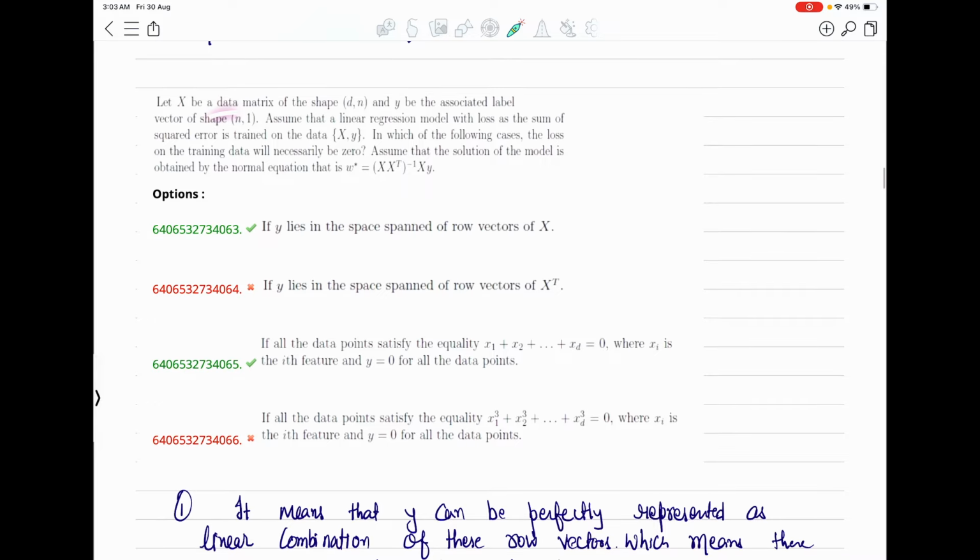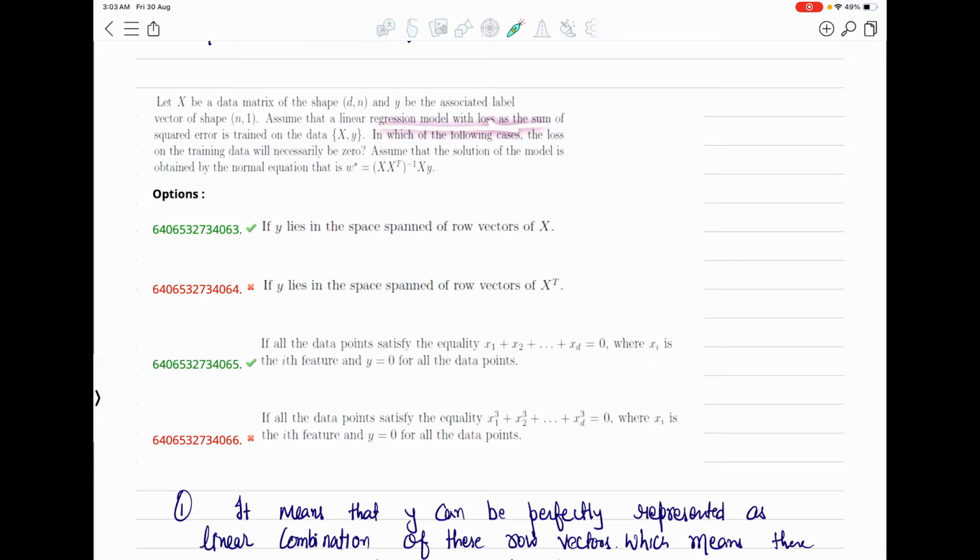Now next question. Let X be a matrix of shape D cross N and Y be the associated label vector of shape n comma 1. So basically it is n rows, 1 column, right? This is what it says.